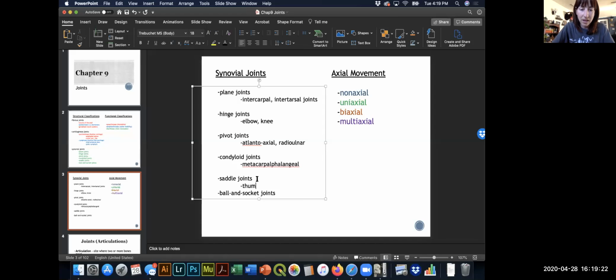I'm just going to write the thumb, okay? So this is between the metacarpal 1 and that proximal phalange or phalanx of the thumb is going to be your saddle joint. And finally, your ball and socket joints are going to be your shoulder and your hip. Okay.